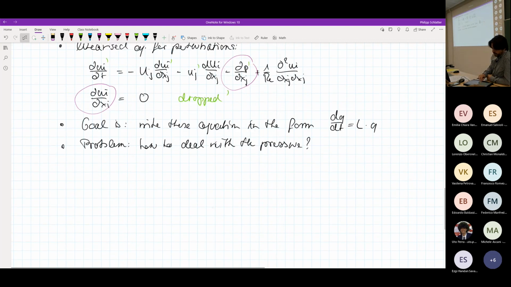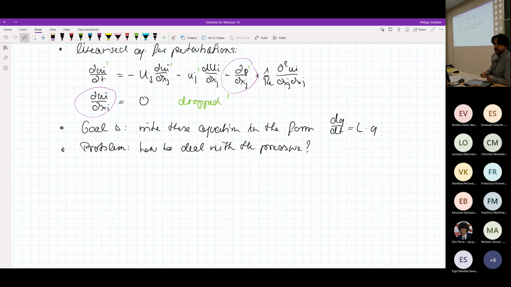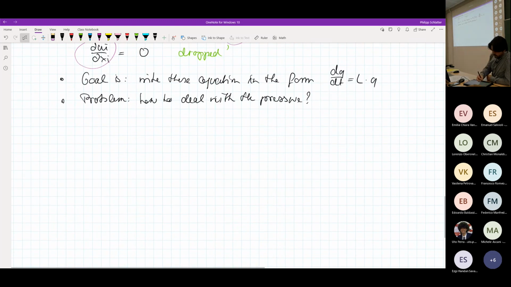So the first step now would be to, as I said, write the equations in the specific form that is suitable for the base flow that we have. So the disturbance equations are then the following. I'm writing now the three equations for the three velocity components. So I go from vector notation into normal notation, because in that way we can directly see what terms actually fall out.